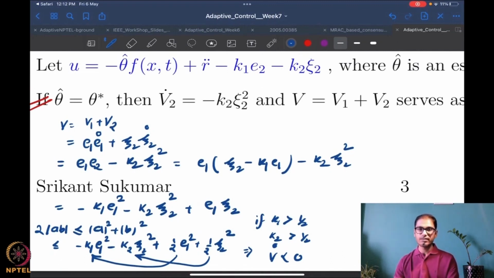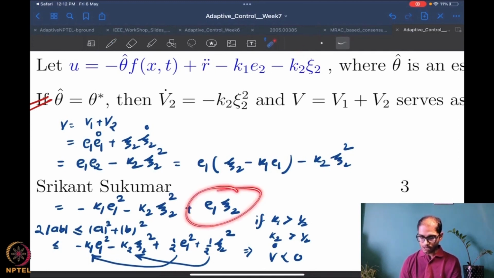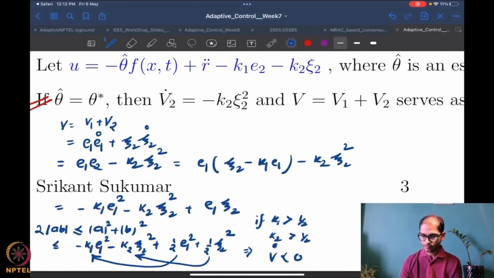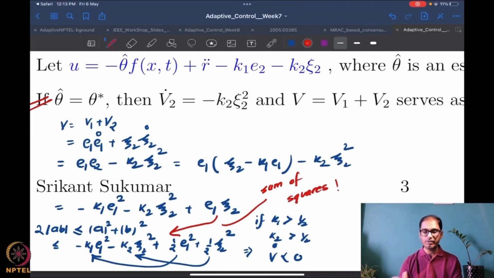So this method that you go from here to here using this kind of an inequality is called the sum of squares method. Okay, this is called the sum of squares method, and we will constantly refer to this terminology.